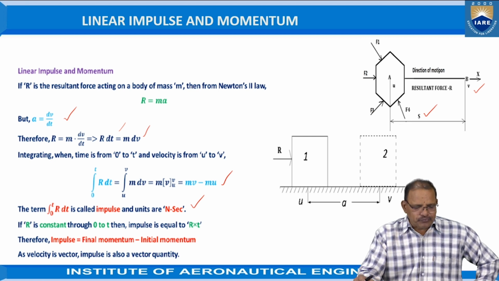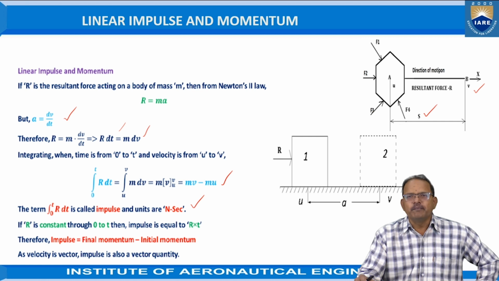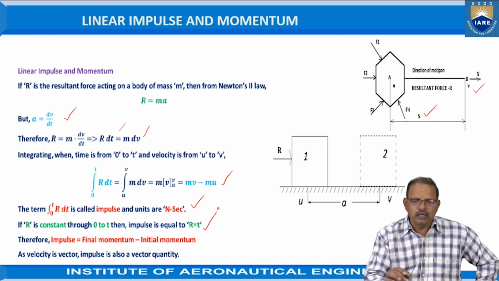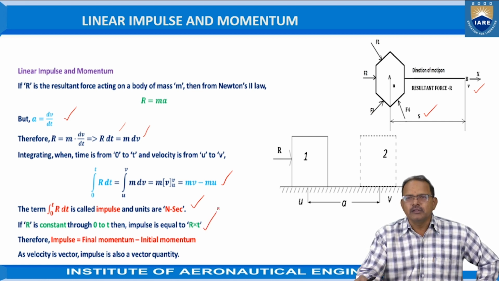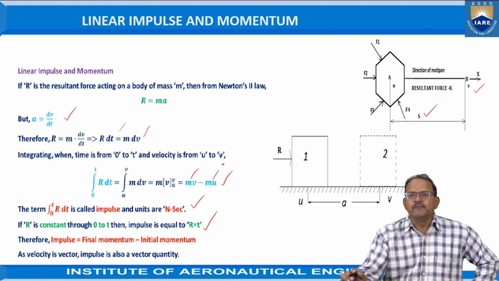If R is constant, then the impulse is equal to R into t. Therefore, from this relation, the integration of R dt, called impulse, is equal to mv minus mu.